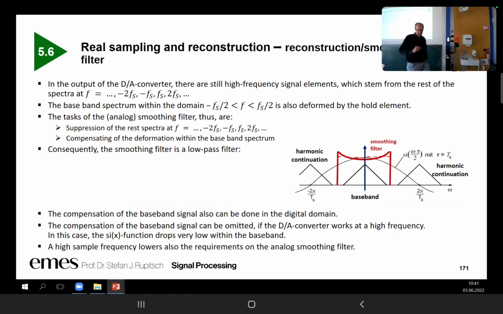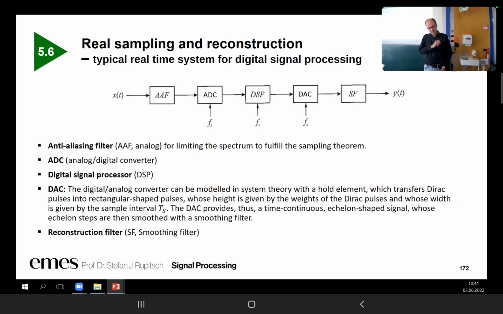But please keep this in mind, this problem with analog to digital conversion and digital to analog conversion. We always need and use hold elements, sampling and reconstruction. Overall, the last slide for chapter 5, how does it look like? We have our analog input signal, then we need some anti-aliasing filter to limit our band.